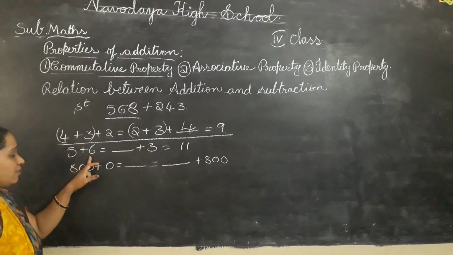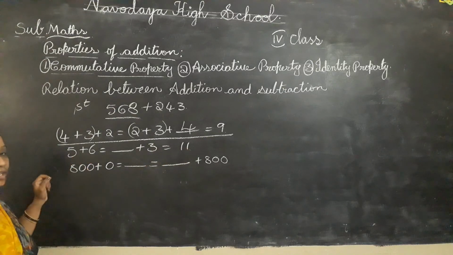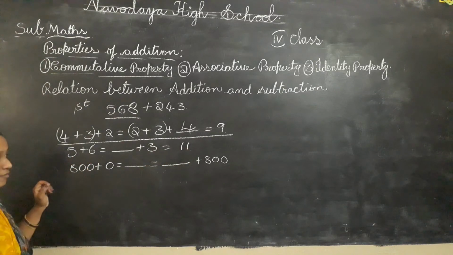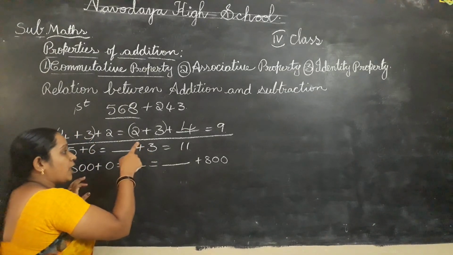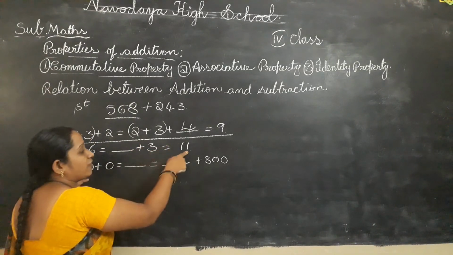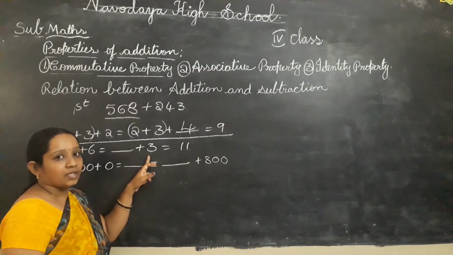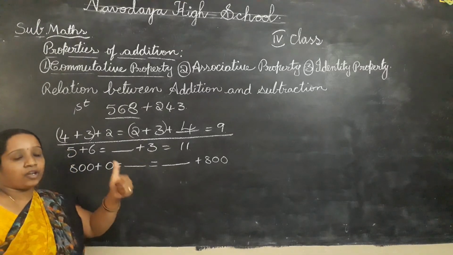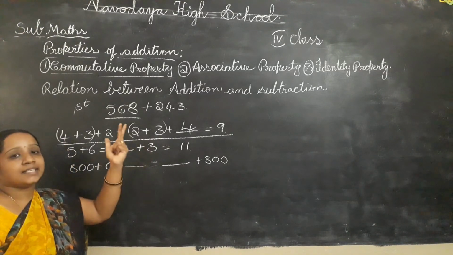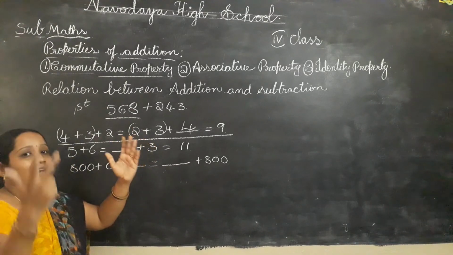Next one. 5 plus 6 equal to dash plus 3, equal to 11. 5 plus 6 equal to how much? 11. So when how much is added to 3, then you will get 11? Count 3 after: 4, 5, 6, 7, 8, 9, 10, 11.